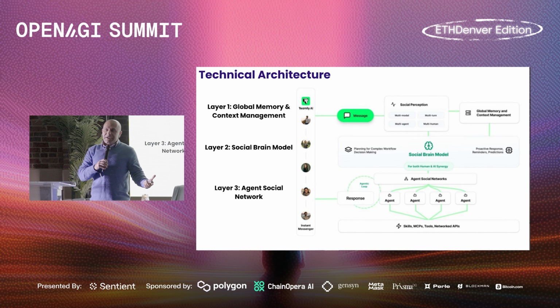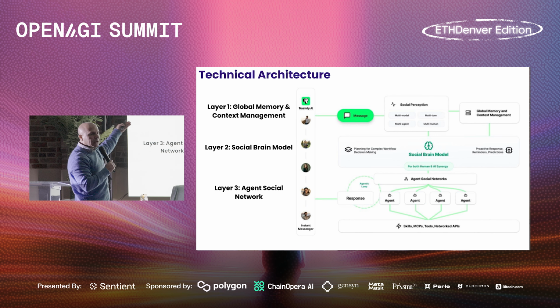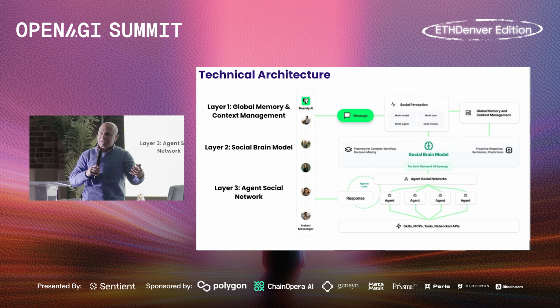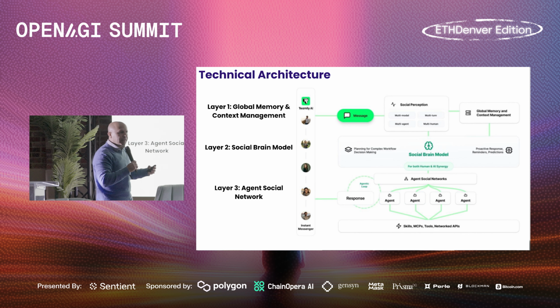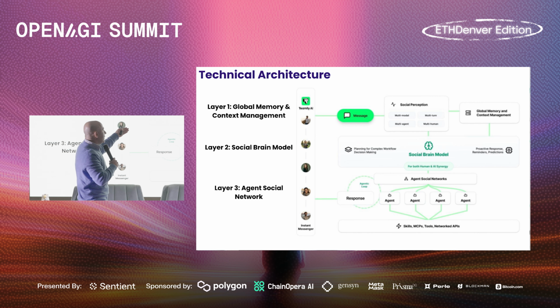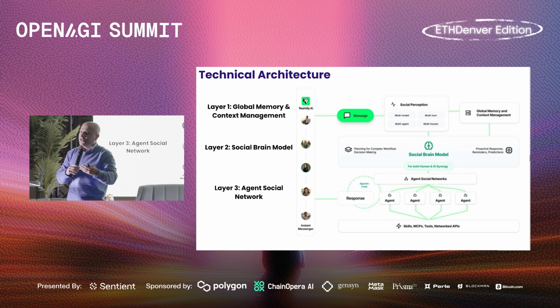All right, so how does the architecture look like? There are layers, starting with the global memory and context management. That's where we bring in core IP to understand the concept of group and context sharing. The social brain model, that's where you have a collection of agents to understand the planning for the task, who should get involved, what execution you want to do.